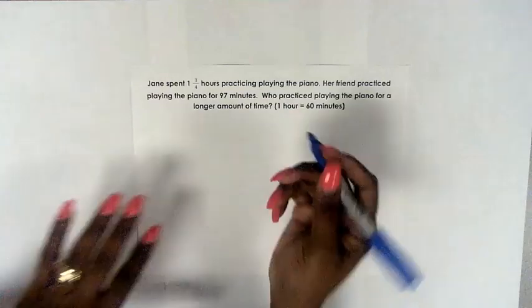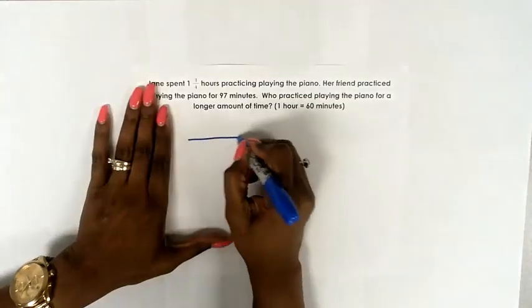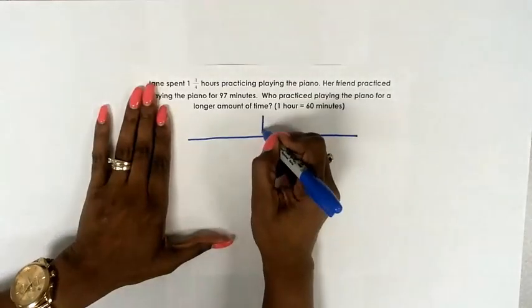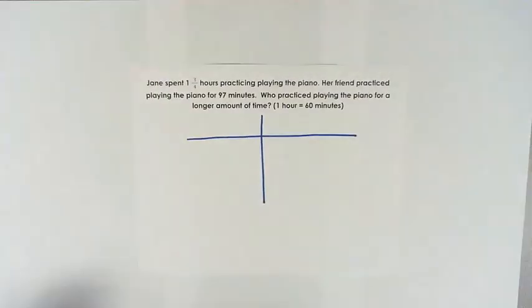I'm going to think about what's going on in the situation. I know that there are 2 friends that are playing the piano. I also know that they play the piano for a different amount of time. So I'm going to record the amount of time each friend spent playing the piano.